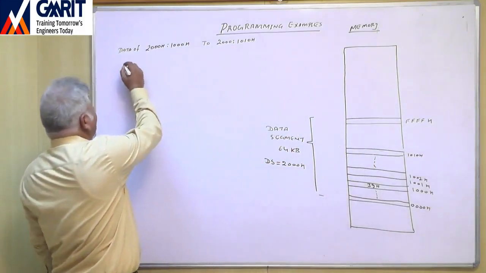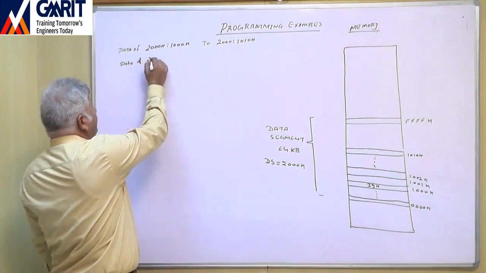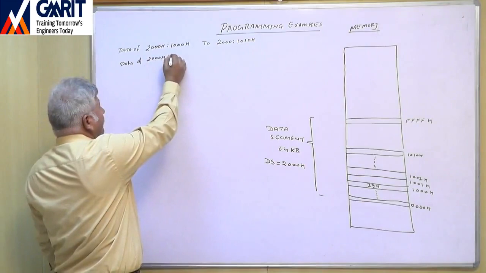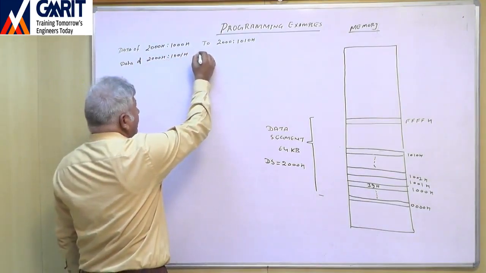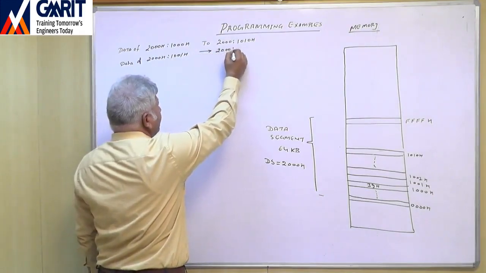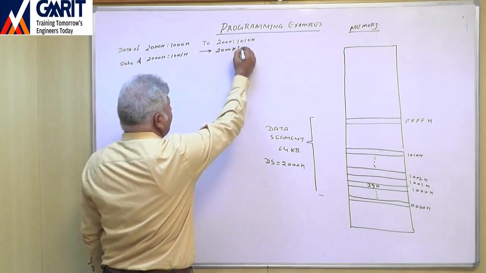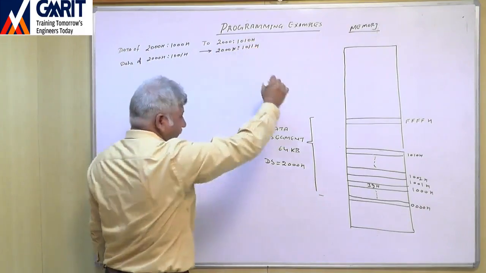And the data of address 2000H:1001H, we want to move to a new memory location, that is address 2000H:1011H.